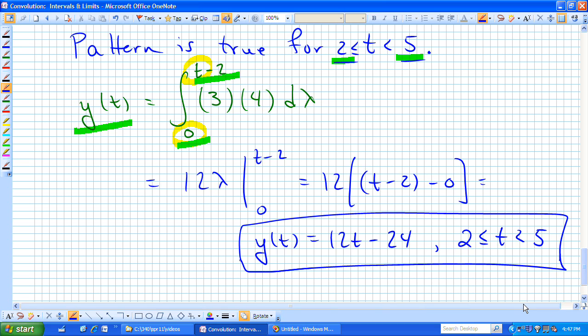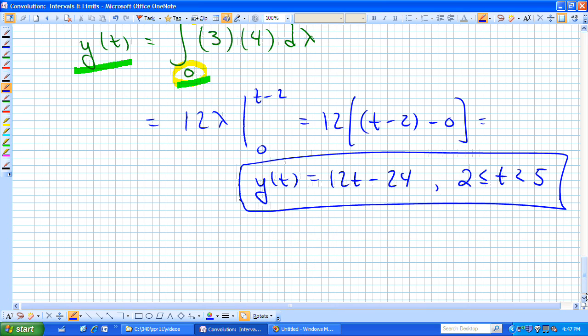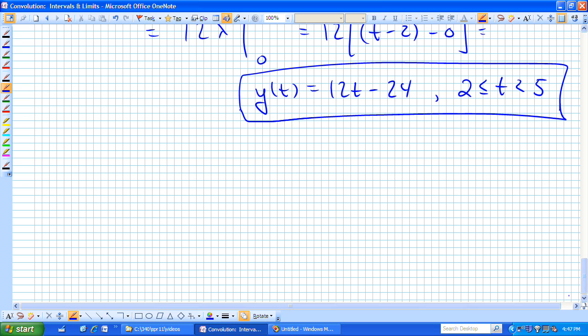And that's now our second overlap pattern. We found that it was 0 for t less than 2. Now for t between 2 and 5, y of t has this functional form, which is really just a straight line that's going up with a slope of 12 and has a y-intercept of minus 24. Let's now look at the next overlap pattern.